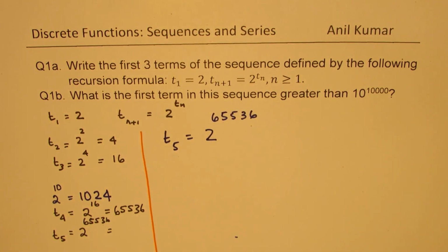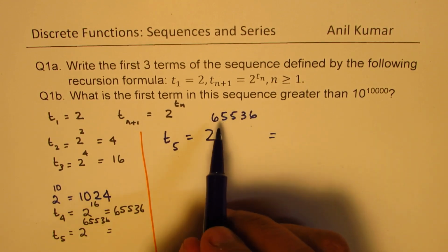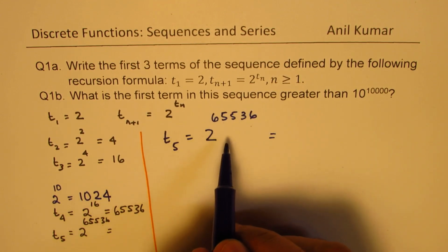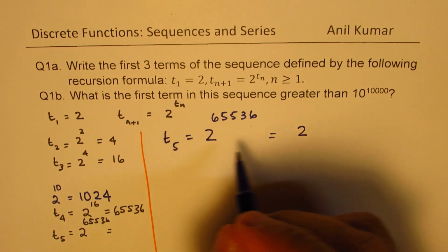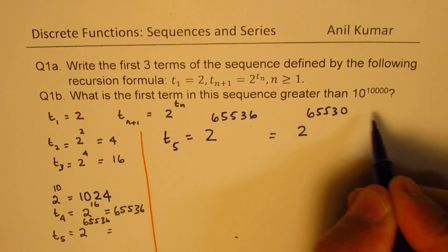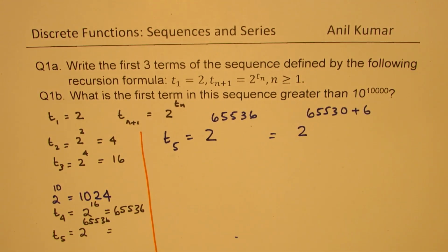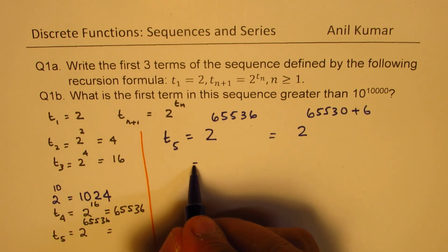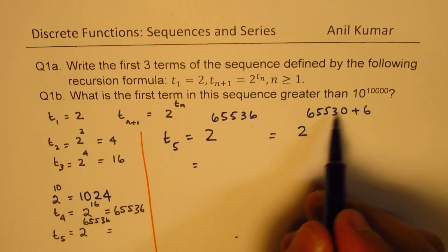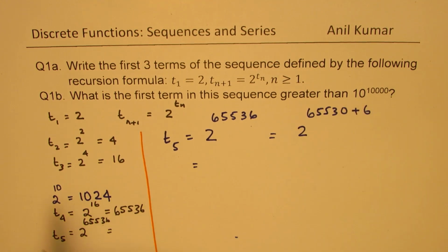Now to give us an idea, what we could do here is write this as 2 to the power of 65530 plus 6, right? There is a reason for doing it like this. The reason is that I could now write this as a multiple of 10. We need 10 to the power of something, right? And we know 2 to the power of 10 is more than 1000, okay?